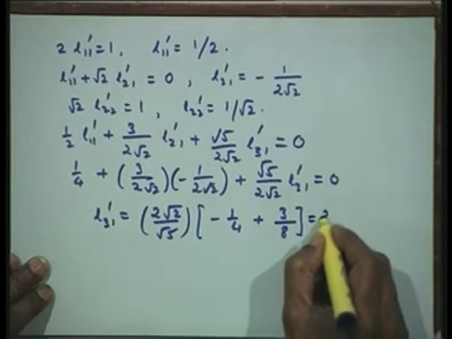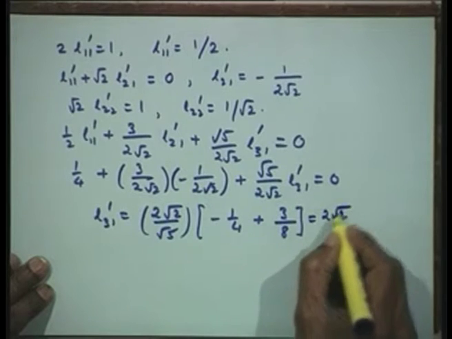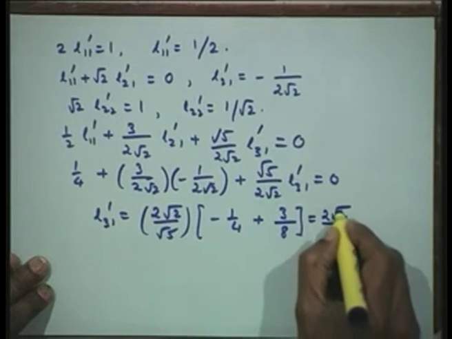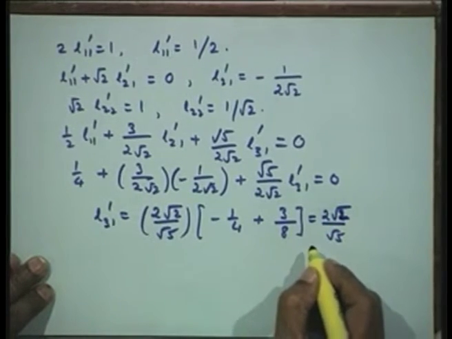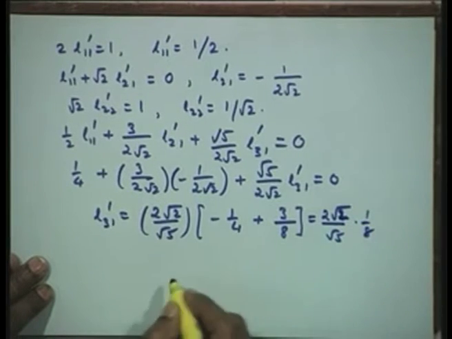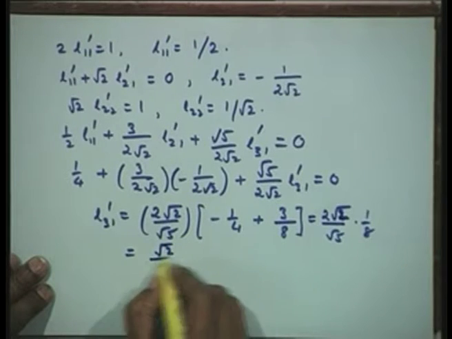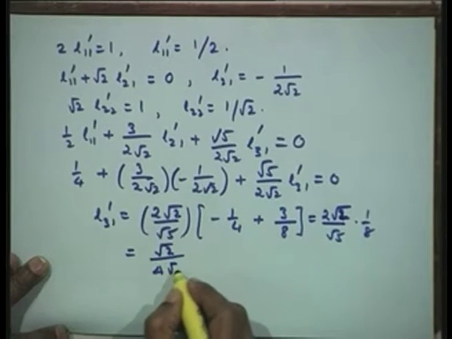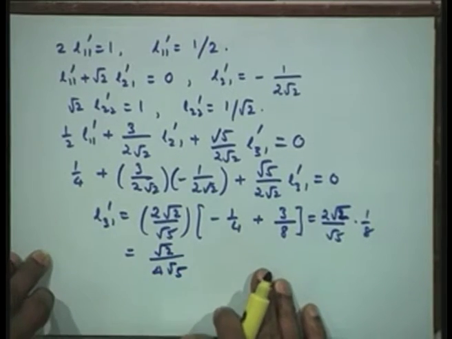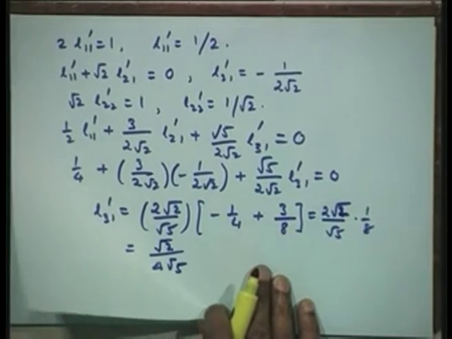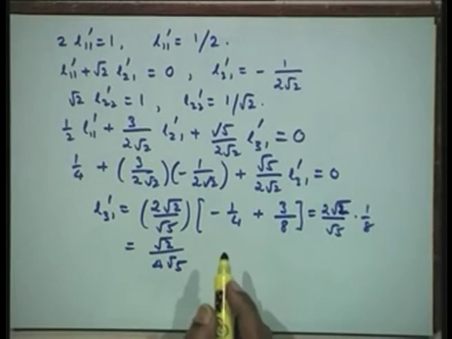Right, that gives us 2 root 2 by root 5, and this is equal to 1 by 8. So that is equal to root 2 by 4 root 5. Now we have determined the element L31 dashed.